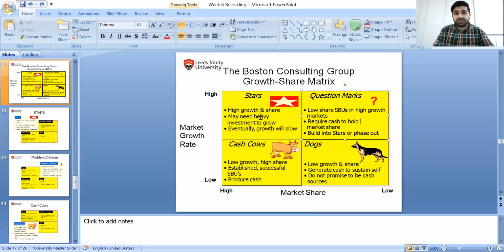If we have a high market share and high market growth, it means we are at star level, where we need heavy investment to expand our business, and eventually the growth will slow, but still we are expanding. We will try to expand our business at star level.